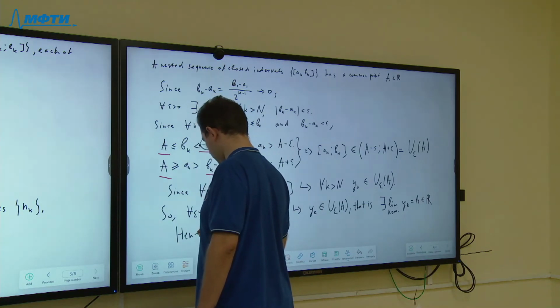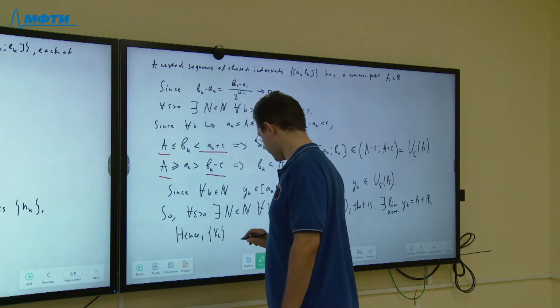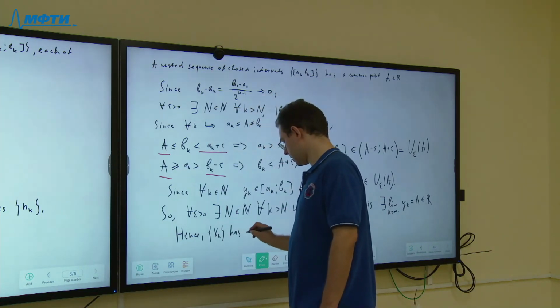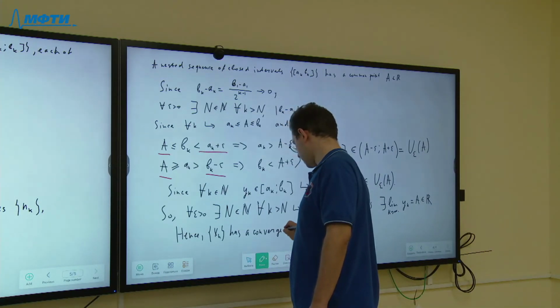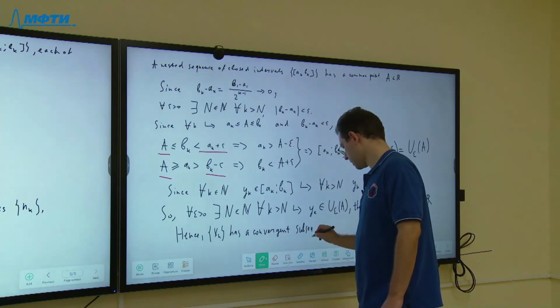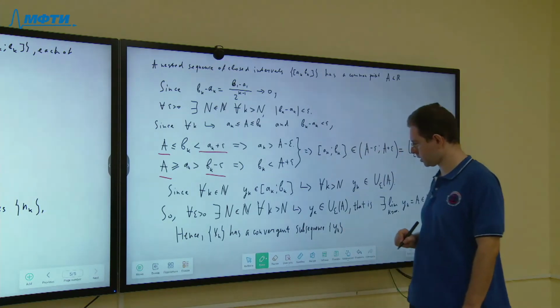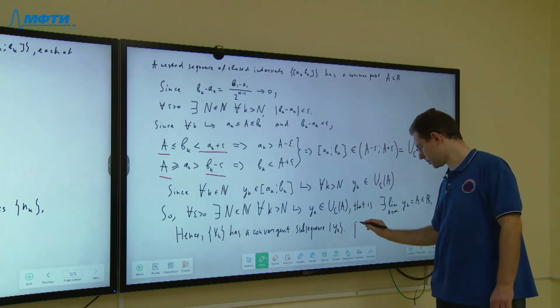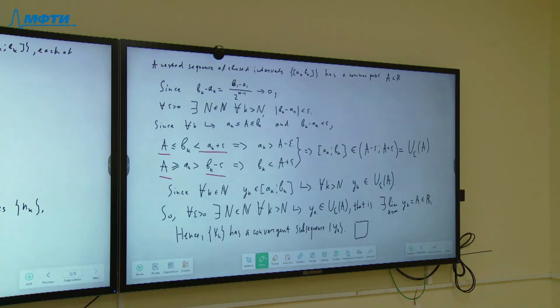Hence, the sequence x_n has a convergent subsequence y_k. End of proof. So this way we have constructed a convergent subsequence.